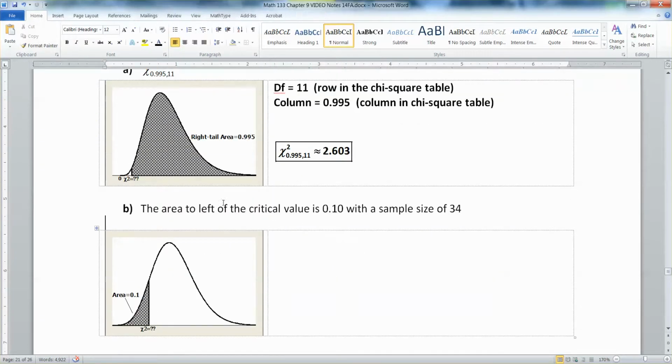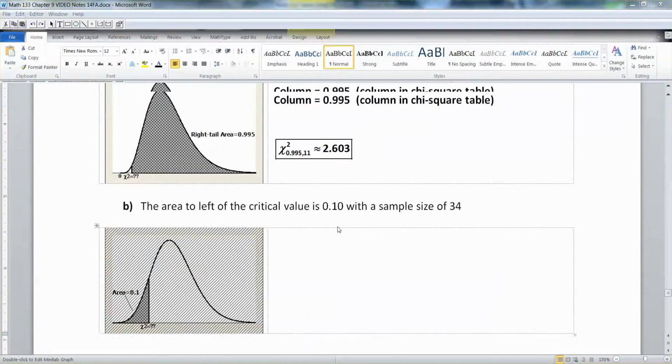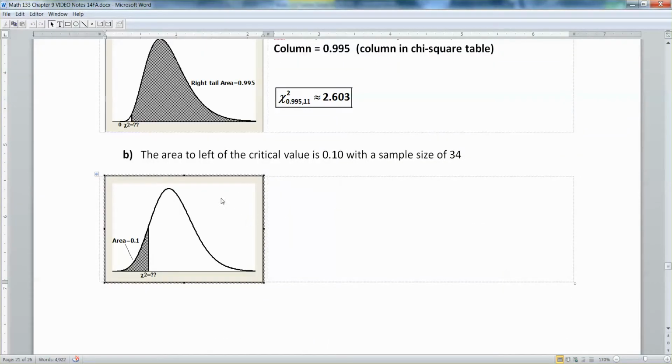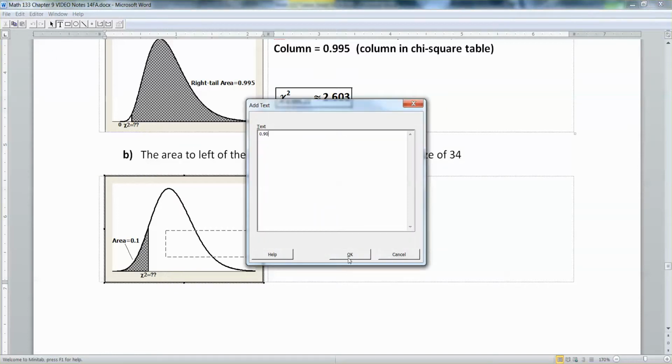So what about this one? I want the area to the left of the critical value to be 0.10. Okay, but that's the area to the left. But remember, at the top of the table, it said it wants the area to the right. So I'm going to have to find the area to the right here. This is 0.90, right?